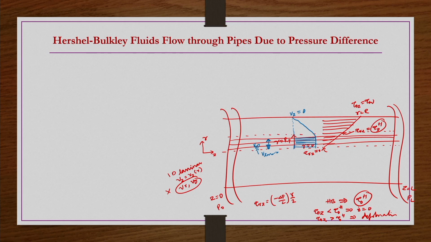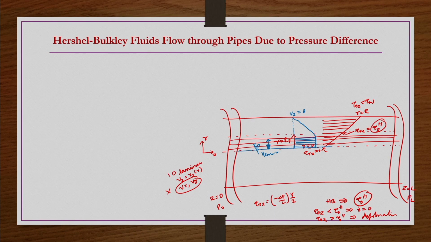What we understand for a Herschel-Bulkley fluid, or for that matter any viscoplastic material, is that the velocity profile would have two regions. One region where the solid plug-like region is there, and another region where you have a deforming fluid kind of region. So, this region is the deforming fluid region and this is the solid plug-like region.